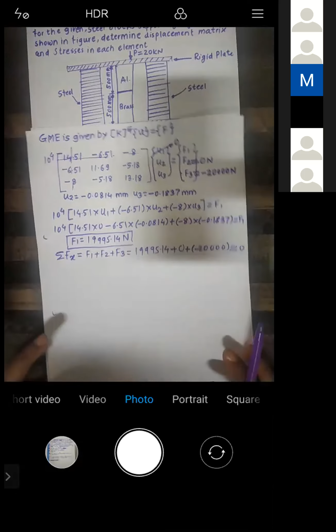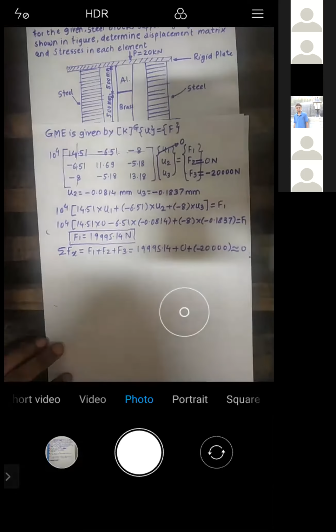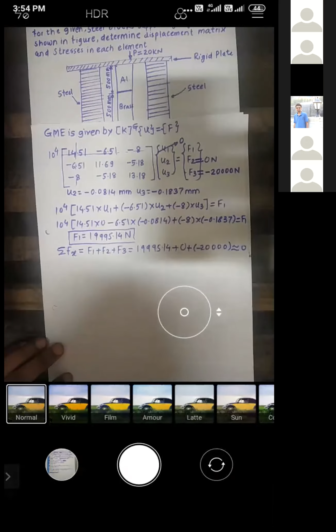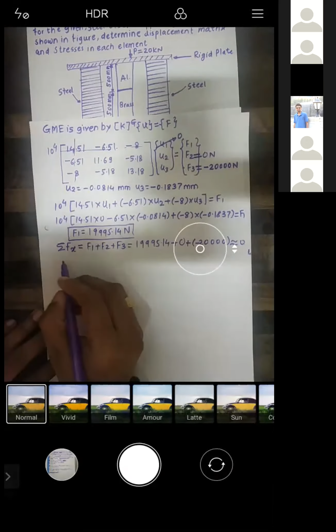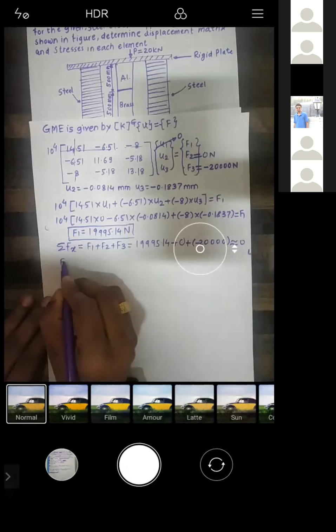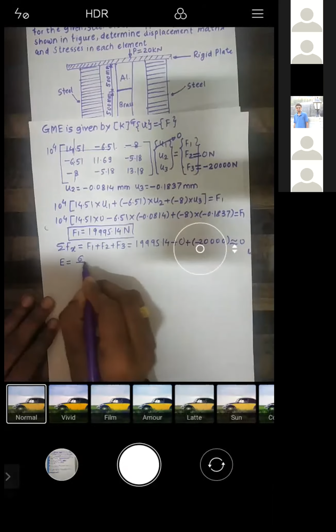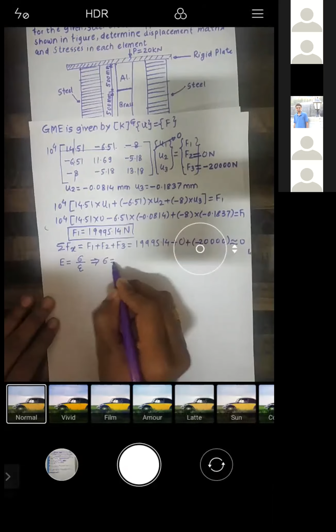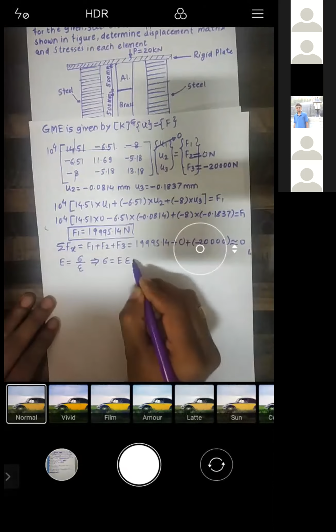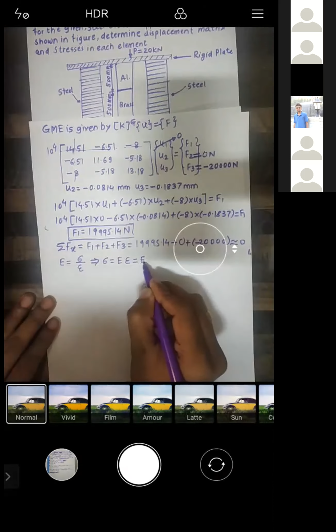Now we are interested to calculate the value of stress. As you know, E is the ratio of stress by strain. Then stress is equal to E into strain. What is strain?